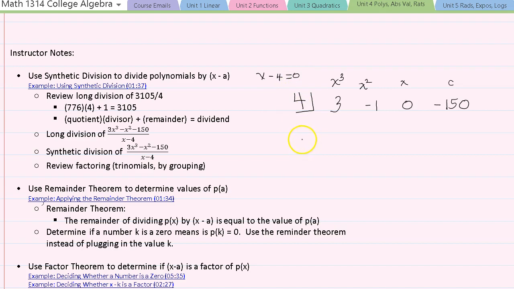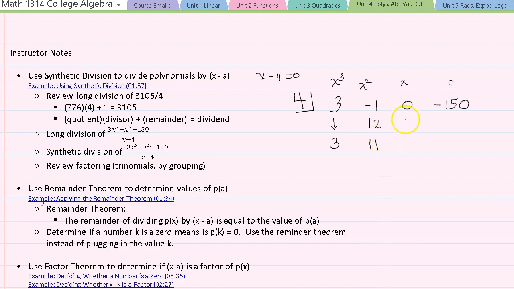Now we are ready to do synthetic division by first bringing down the first coefficient, which means we bring down the 3. Then we multiply the 4 times the 3 and place the 12 under the next number, and then we add. -1 plus 12 is equal to a positive 11.